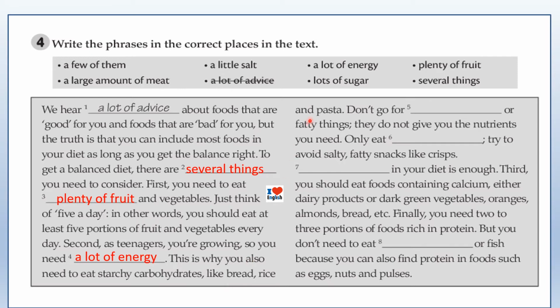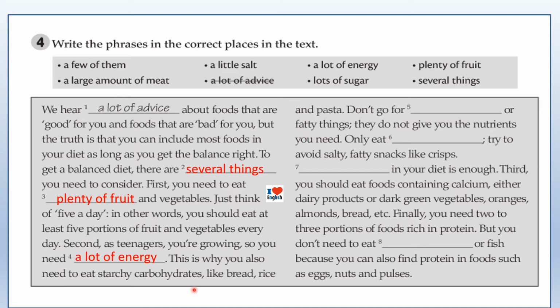Bread, rice, and pasta. Here is some advice: these types of foods you shouldn't eat a lot of. Don't go for lots of sugar or fatty things.